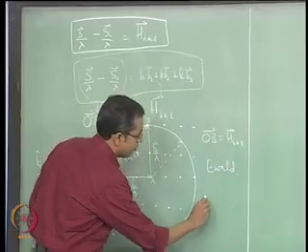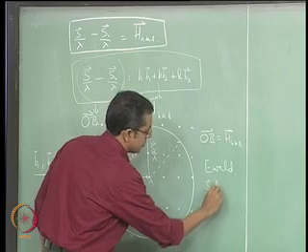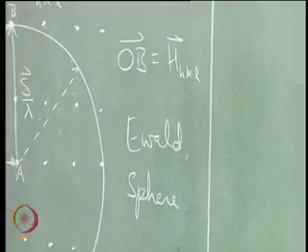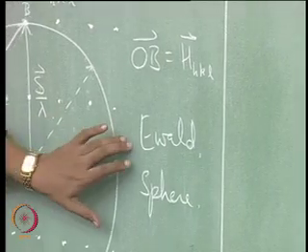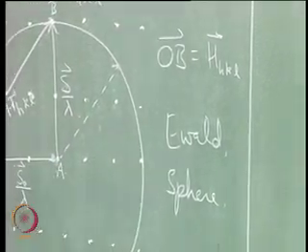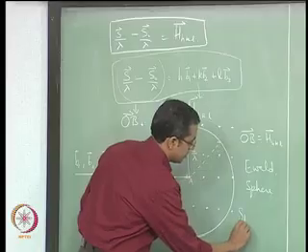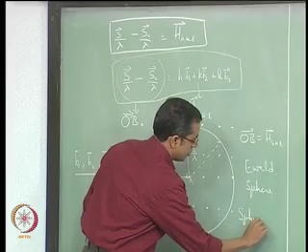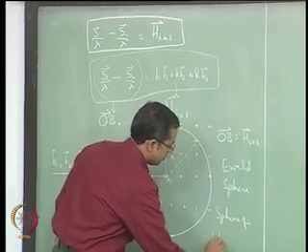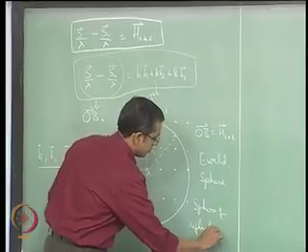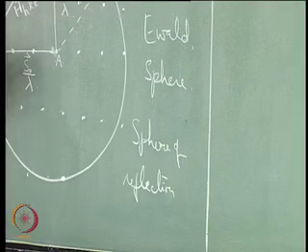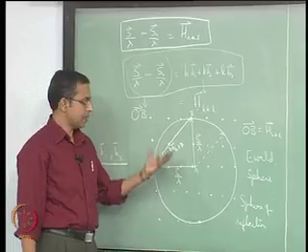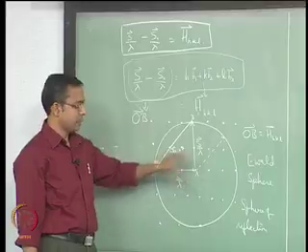This construction is credited to Ewald and is therefore called the Ewald sphere. This way of indicating to us when diffraction will occur is credited to Ewald. It is also called the sphere of reflection. This is a very important construct in reciprocal space.